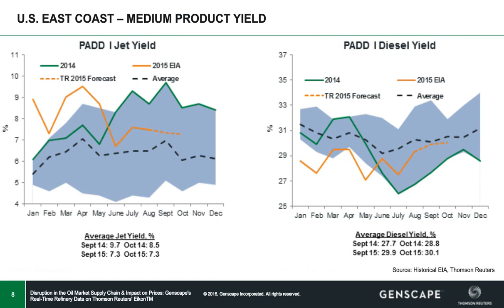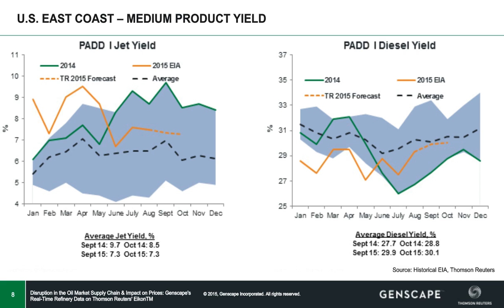There have been interesting changes in jet and diesel yields on the East Coast lately. The refiners on the East Coast began prioritizing jet yields over diesel yields beginning in Q2 2014, and this trend continued throughout last year into early 2015 with record high jet yields in the region. However, refiners in PADD 1 lowered their jet yields in June from the previous record highs in lieu of diesel.